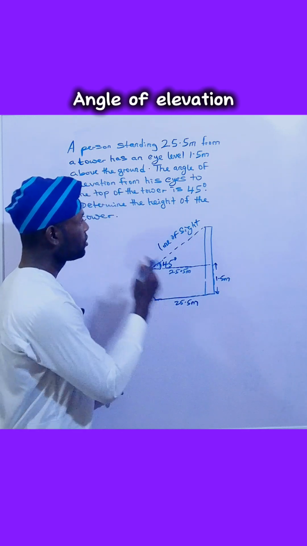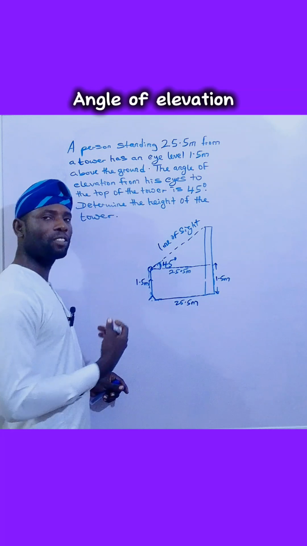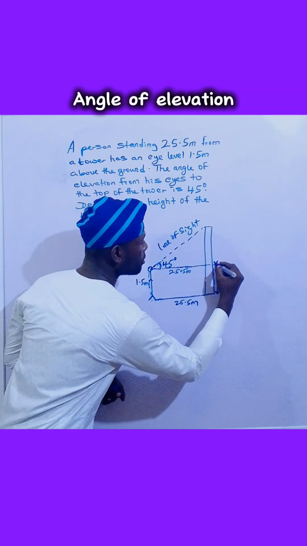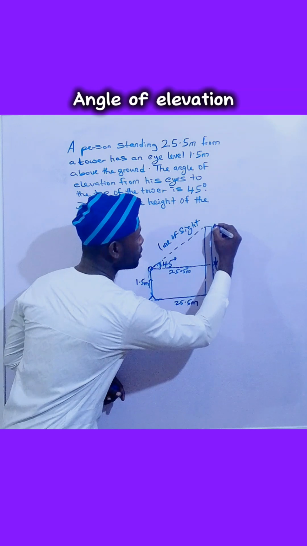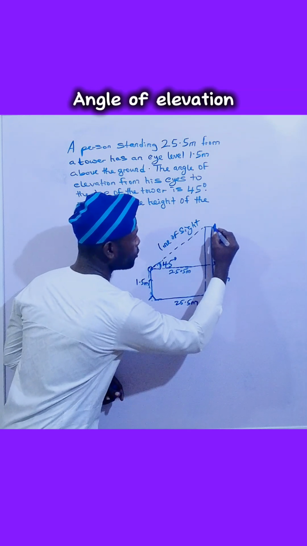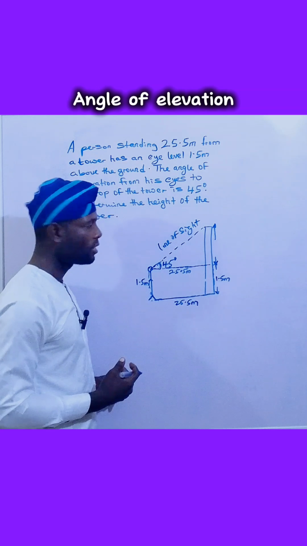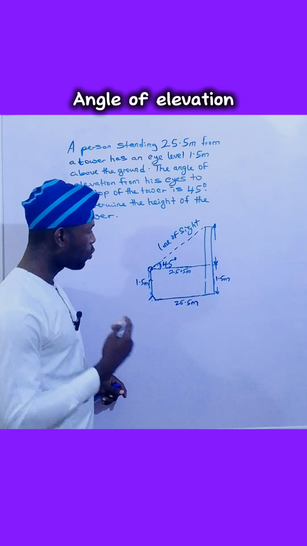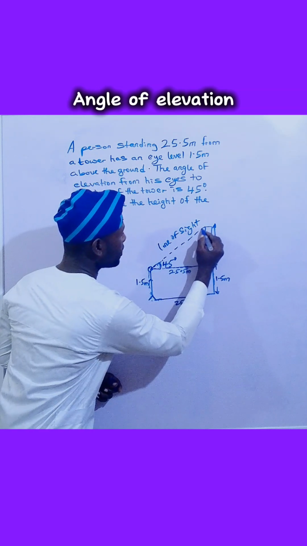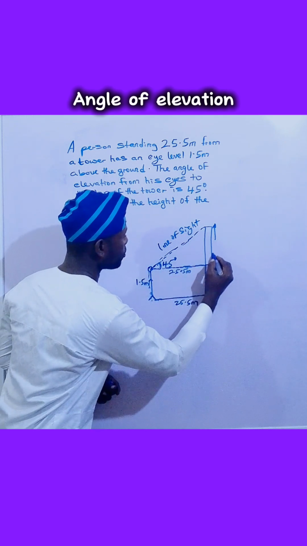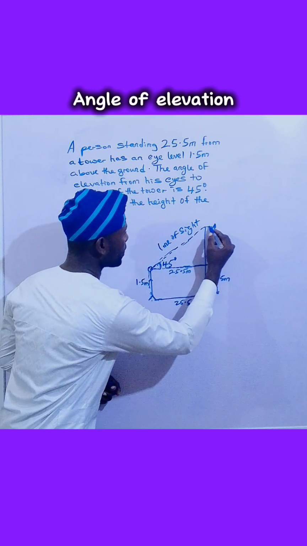Since we are asked to determine the height of the tower, what we need to determine is from this point to this point. Look at this shape. We have a triangle.